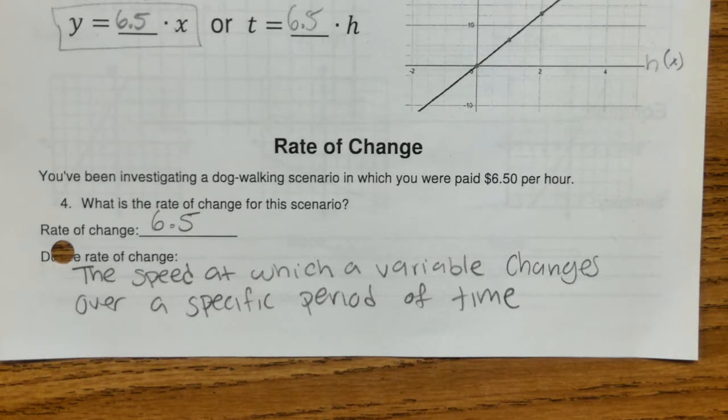So it's what's being changed over time. So every hour we earn $6.50, and that's what's changing over time. So if you would like to add or modify your definition, I said the speed at which a variable changes over a specific period of time.